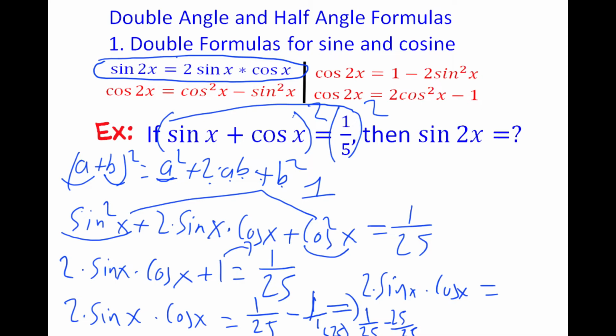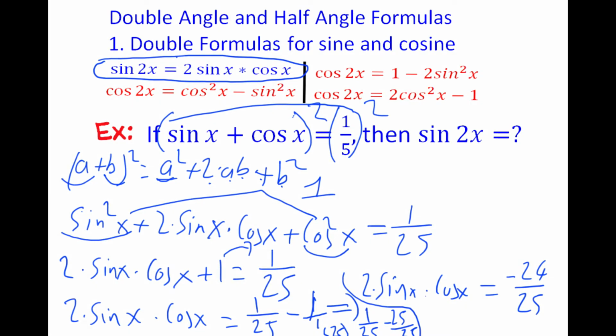So denominators are the same right now. That means we can subtract 25 from 1, which means that it's going to be equal to negative 24 divided by 25, guys.